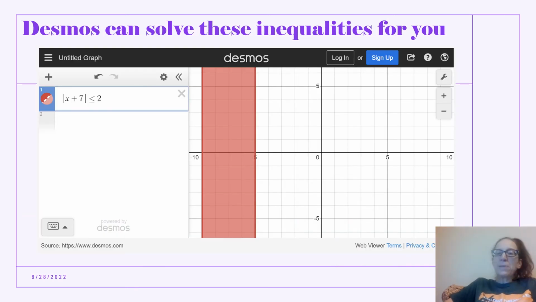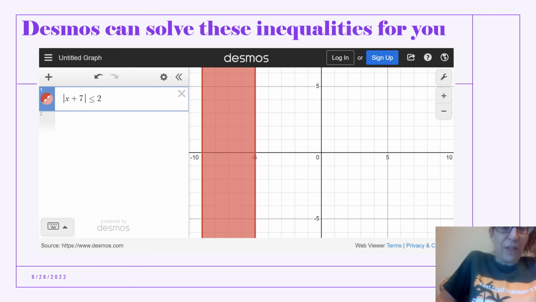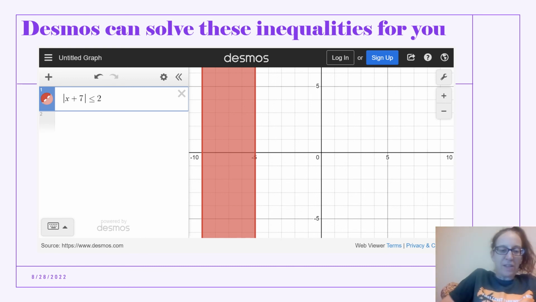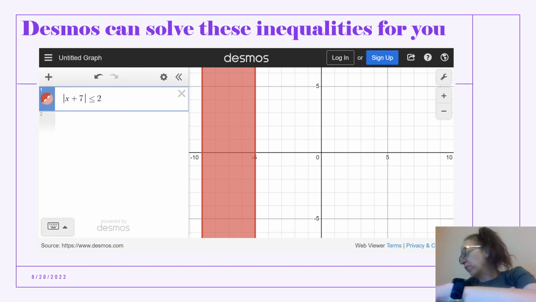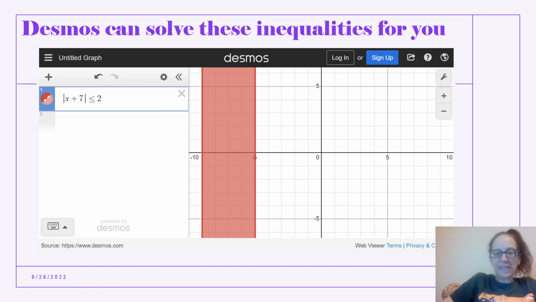Now, Desmos can solve these for you, which is super, super useful and probably the direction that we want to go in. So what I am going to do is the same one that we just did, and I will show you how that works.